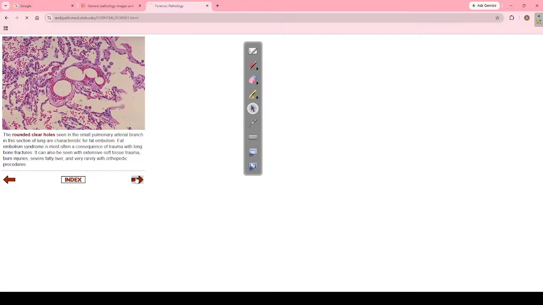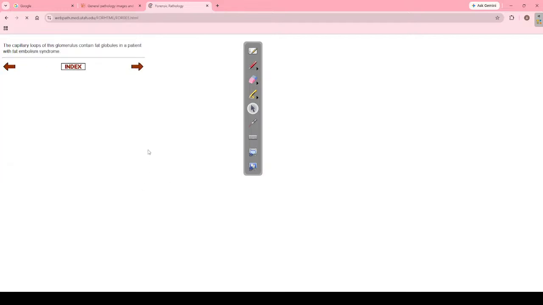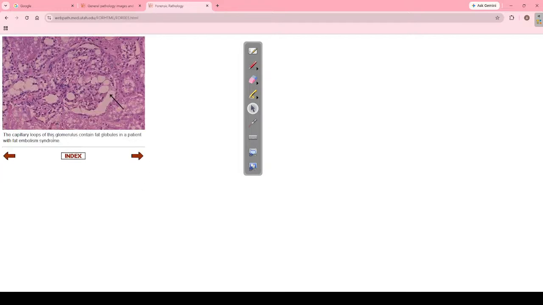Orthopedic procedures can also lead to fat globules. Oil red O stains the fat globules within the pulmonary arteries a red orange appearance. The effect on the lung is similar to a large embolus, but onset of dyspnea is usually 2 to 3 days following initiating events such as blunt trauma with bone fractures. Then you have capillary loops of the glomerulus containing fat globules in a patient with fat embolism syndrome.